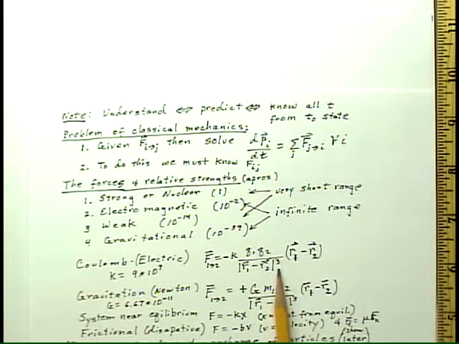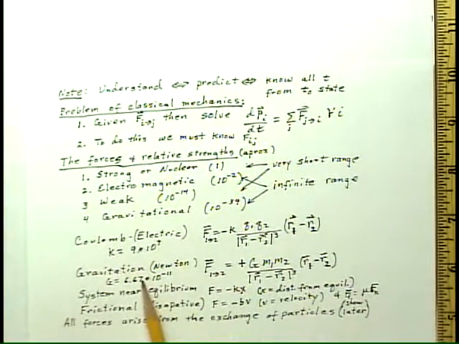Here I have written the magnitude of the distance between particle 1 and particle 2 to the third power, and that third power cancels the magnitude of this vector over here, and this vector gives the correct direction to the force of particle 1 on particle 2. By contrast, the gravitational force is always attractive.